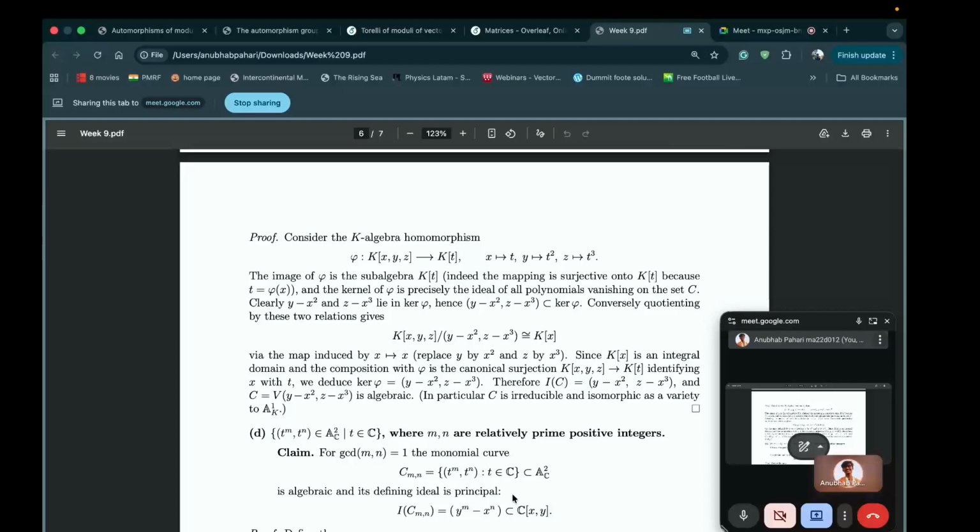Therefore, the zero set C equals V(y - x^2, z - x^3), which is algebraic, and therefore our proof is done.